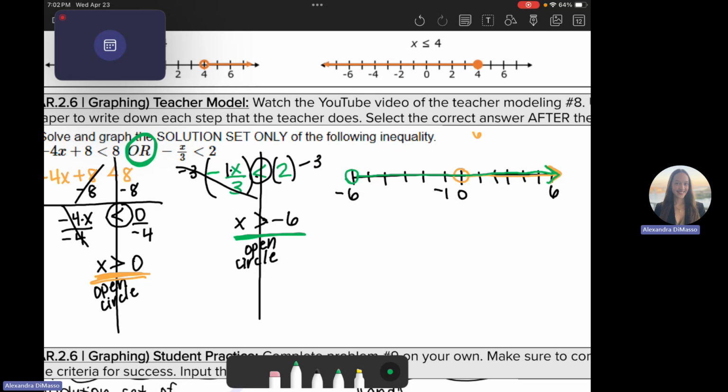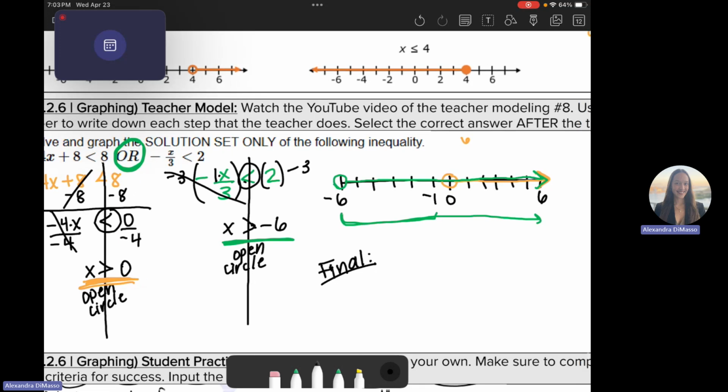Or is saying choose one that is inclusive of the other one. So if I'm looking here at my picture, overall, if I were to pick just this orange one, I'd be missing out on this whole part of the green. But if I pick the green one, then I get all of the green and all of the orange. So my final graph is going to be just what this green line is here.